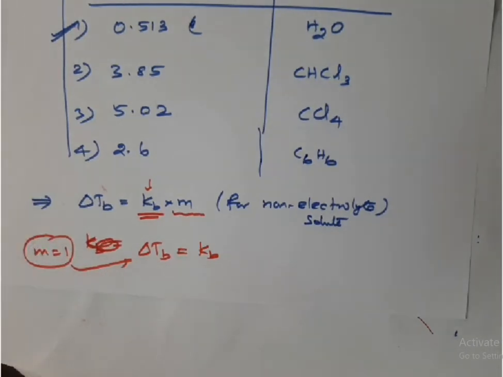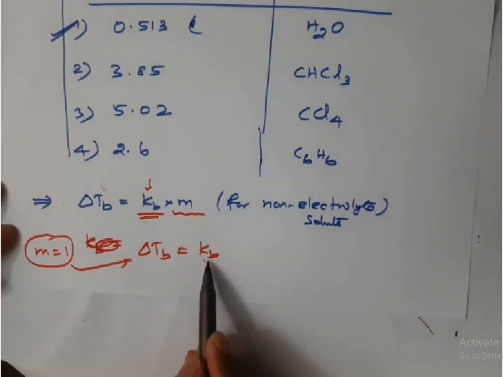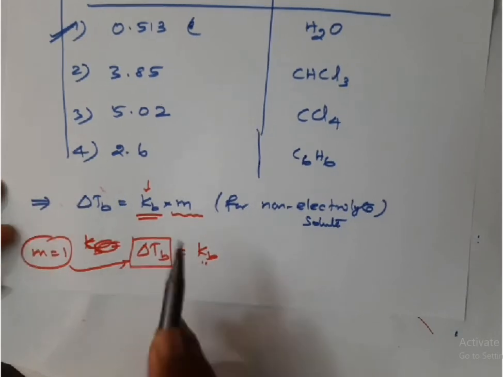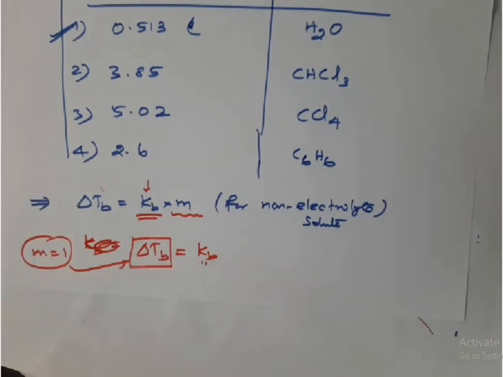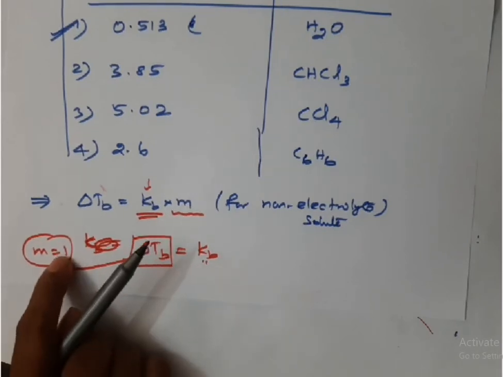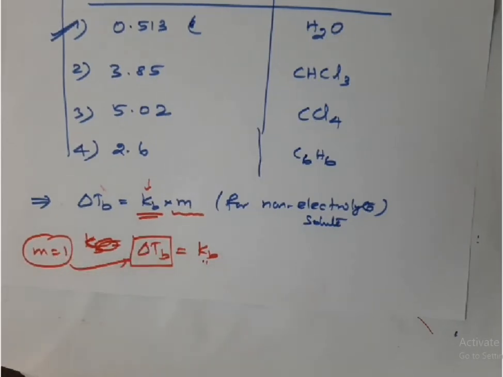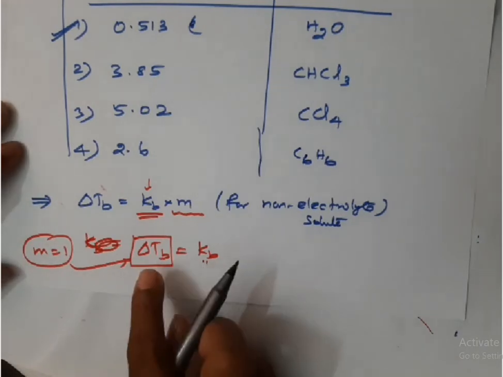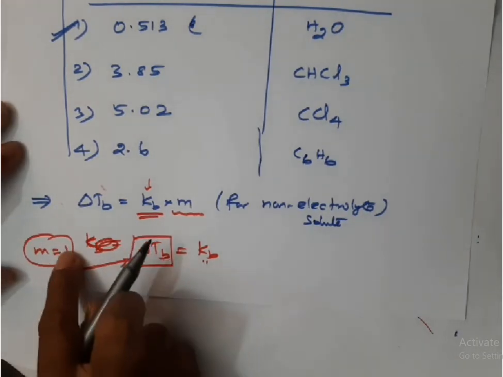What is meant by this? Kb, the ebullioscopic constant, is nothing but the elevation of boiling point when we take a 1 molal solution. That is why it is called the molal elevation boiling point constant. So what is Kb? Kb is nothing but the elevation of boiling point of a 1 molal solution.